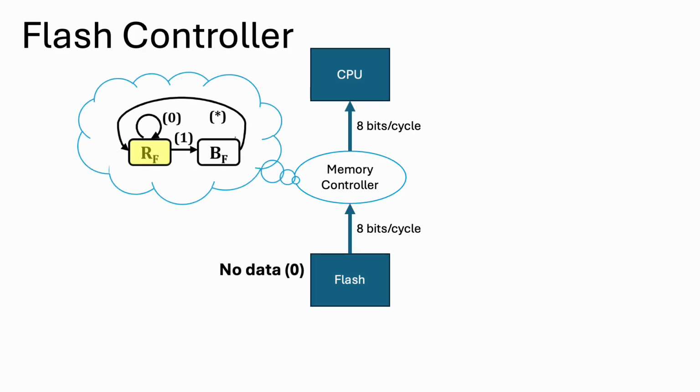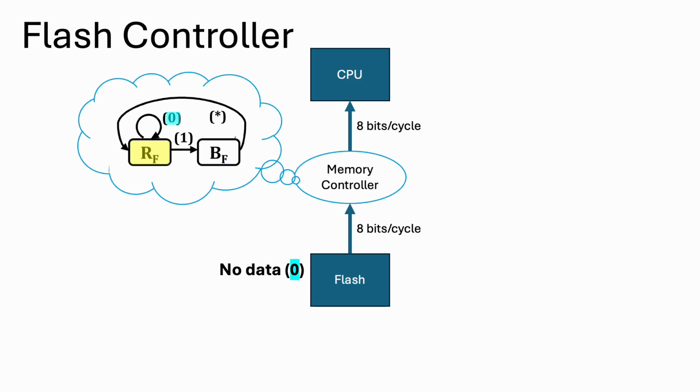So a really nice way to reason about this behavior is by using a finite state machine. You can see that the memory controller has 2 states, one where it's ready and one where it's busy.